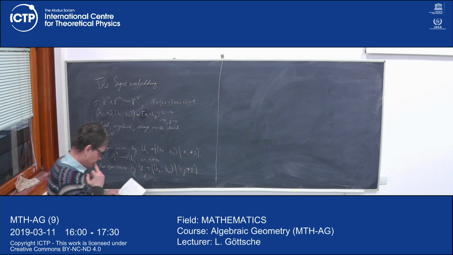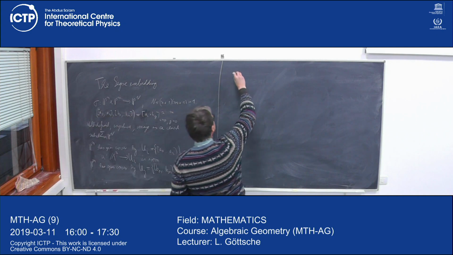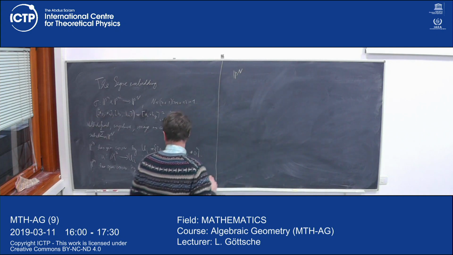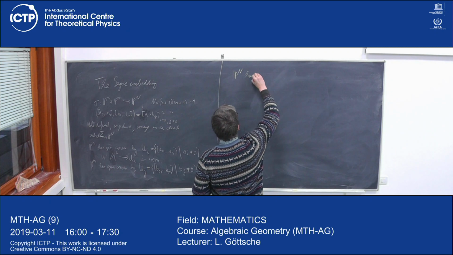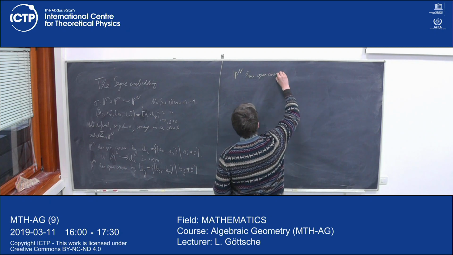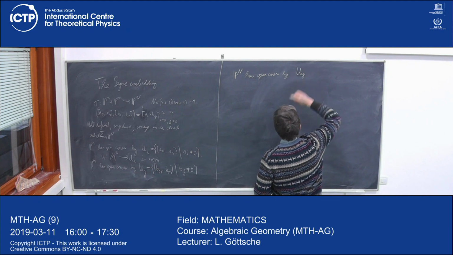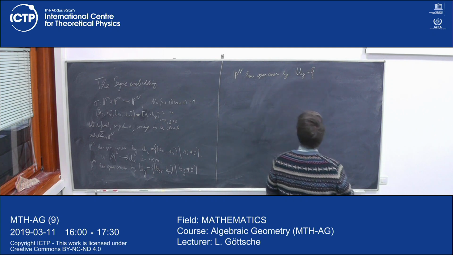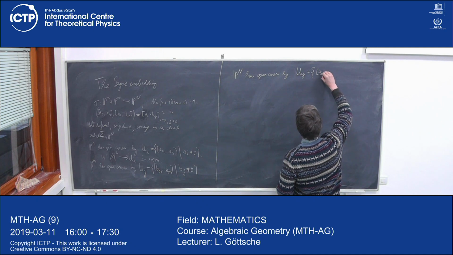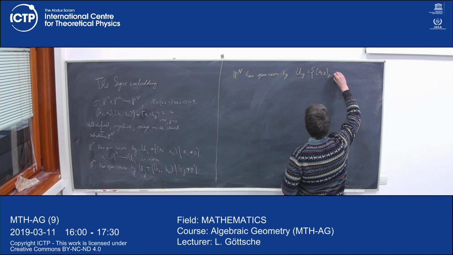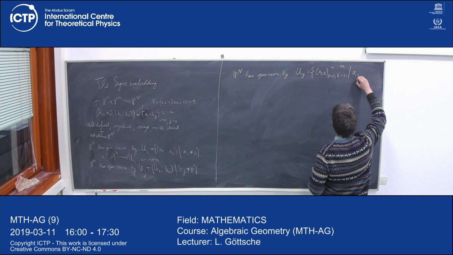Okay, and so therefore P^N, where the coordinates were a_ij's, has an open cover by some open subsets U_ij, which is the set of all a_kl where a_ij is different from 0.